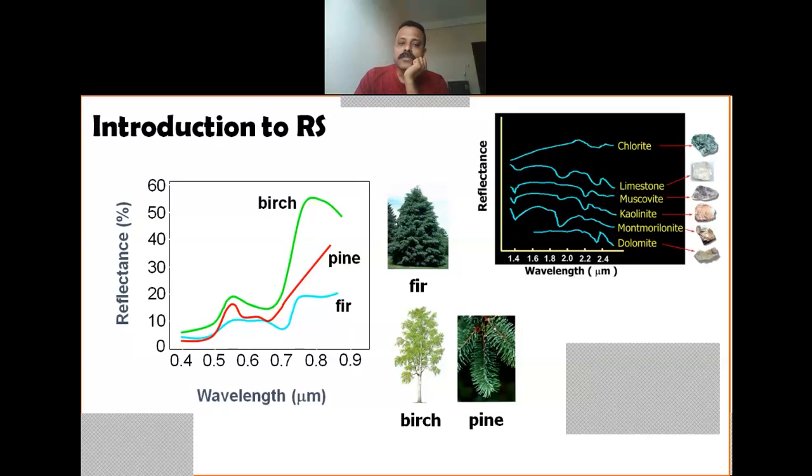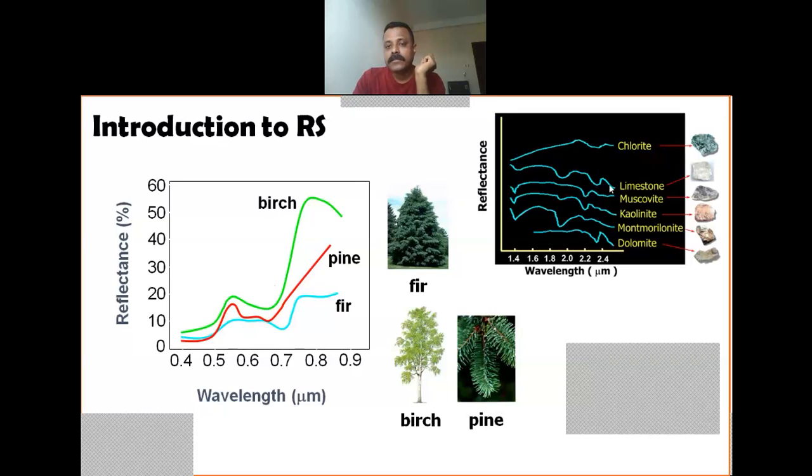This is not only used to classify trees, this can be used to classify different minerals and stones. For example, if we are looking at a kind of stone which has the name chlorite, it will have a response or reflectance pattern like this.